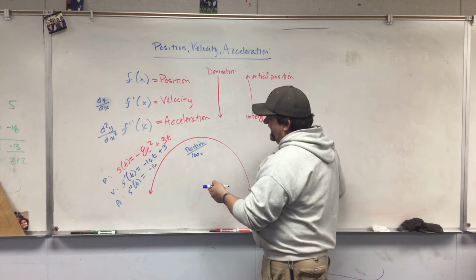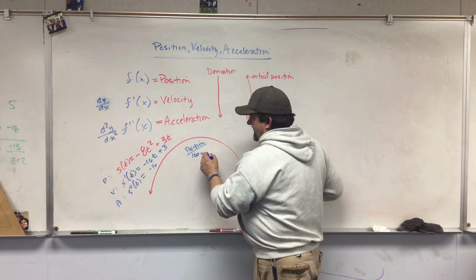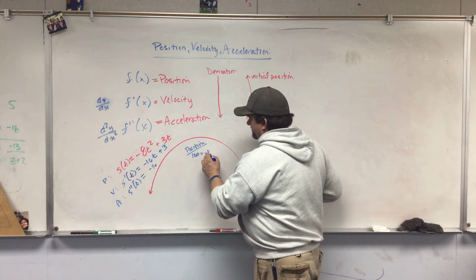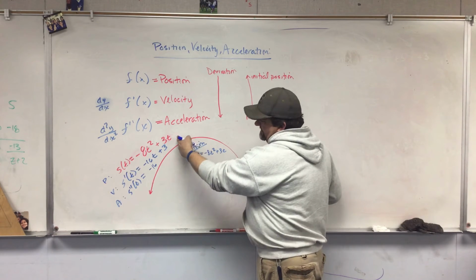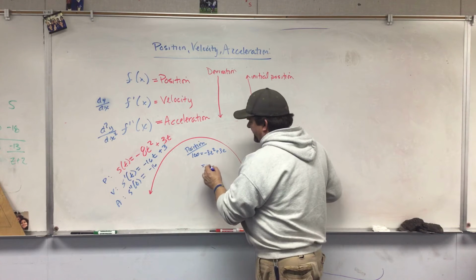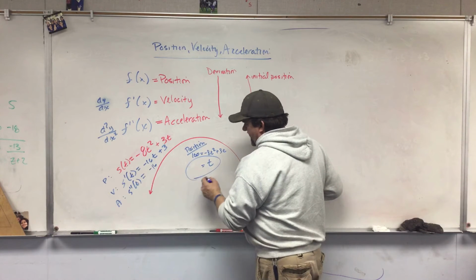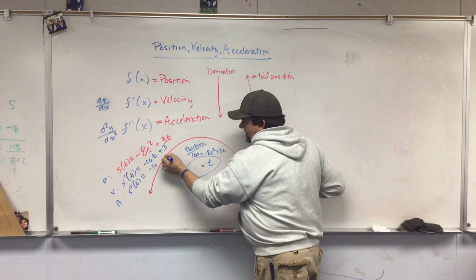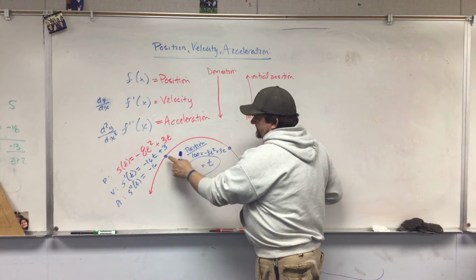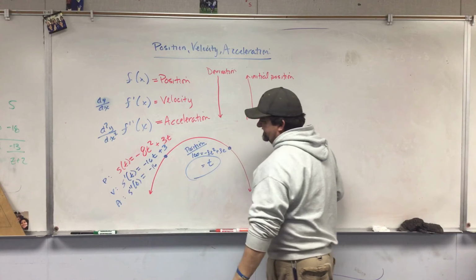So if we can find the height, then we can set that equal to the position statement, and then we can find t. And remember, on these, when you find t on something like this, you're going to get 2 of them. So you're going to be able to use 2 t's here.